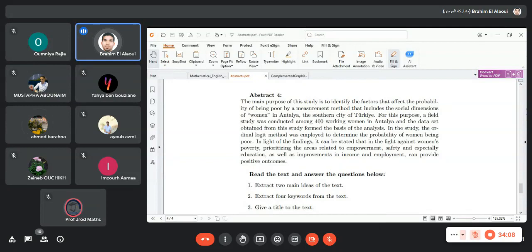We can say measurement method. We can say probability. There are a lot of keywords that you can use. You can say woman, also a very powerful keyword. Education, maybe.